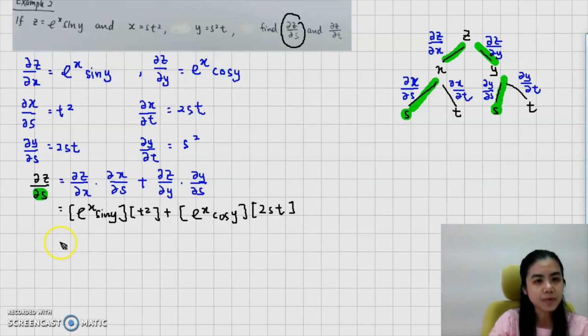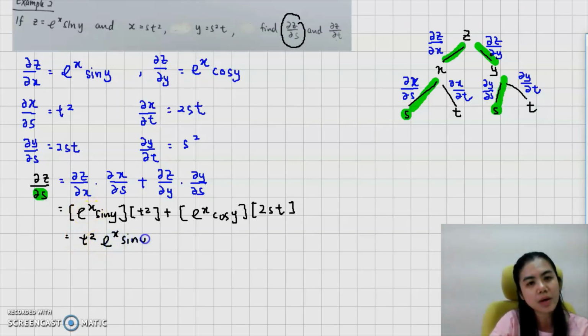Let's simplify it. We have t squared e^x sin y and 2st e^x cos y.